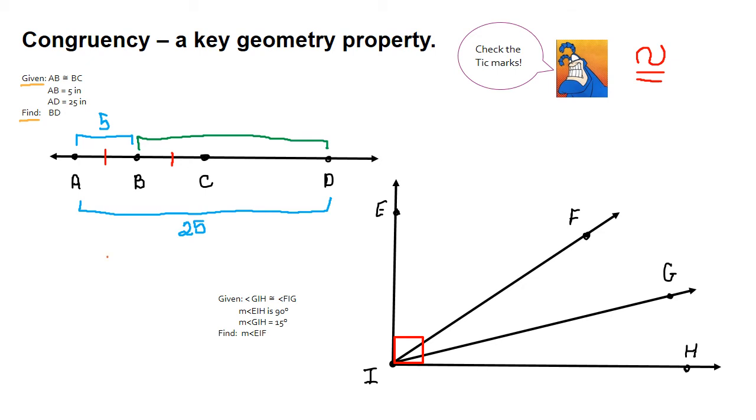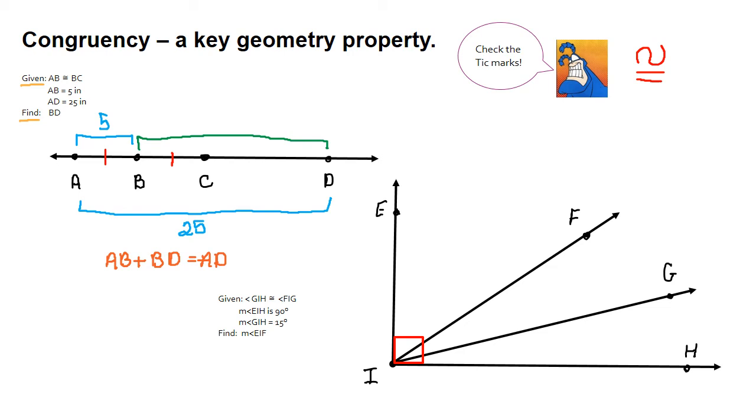So that's what I'm going to do here. Let's see, if we take A to B here and we add from B to D here, we should be able to figure out how big the whole thing is, AD here. And now I'm just going to plug it in.